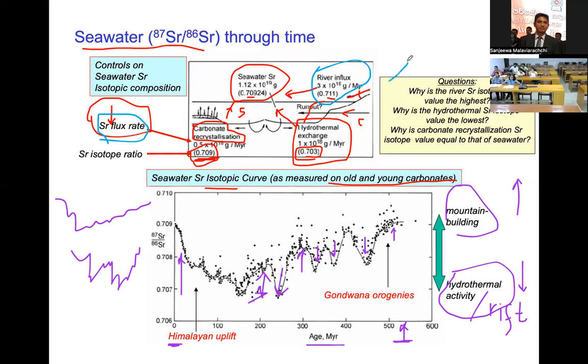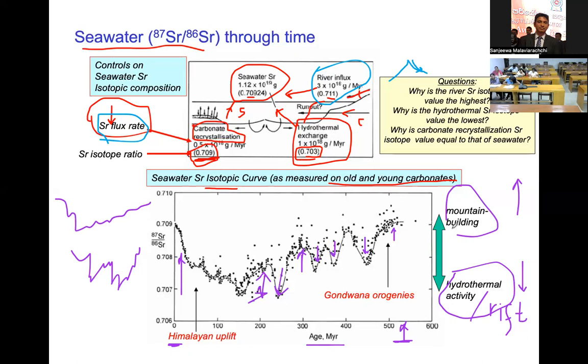If you have mountains, that means higher elevation areas, you will have a lot of erosion. So remember, during the Earth's evolution, mountain building times record the highest erosion rates, right?